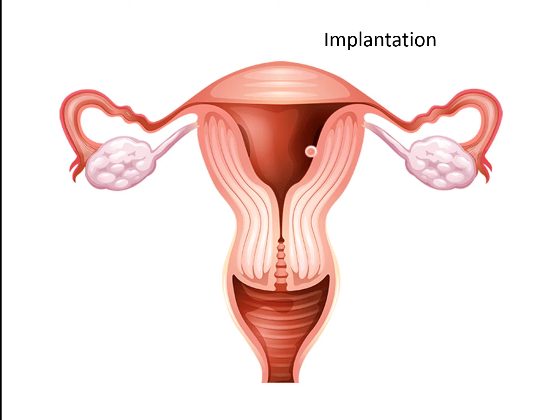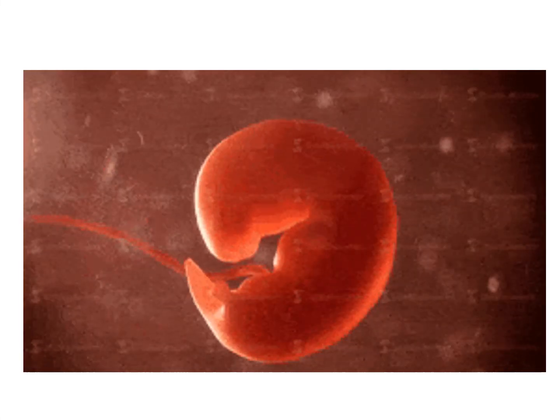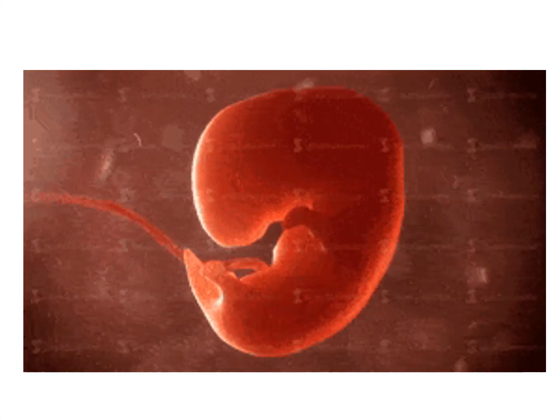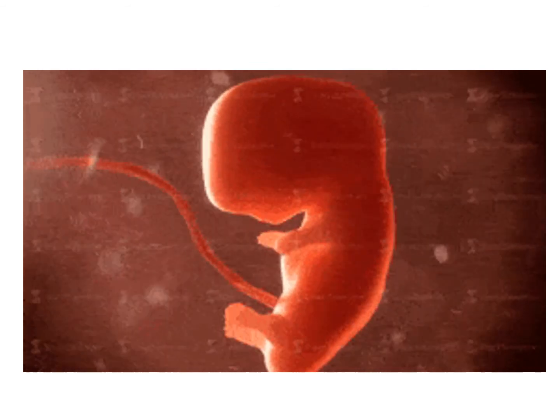Once it has reached the uterus, it gets attached to the lining of the uterus, and this is called implantation. Once it has got implanted, the remaining development happens in the uterus. It gains its nutrition from the placenta based on the nutrition of the mother, and it starts growing. This is how changes happen in the blastocyst in such a way that a human child is formed.